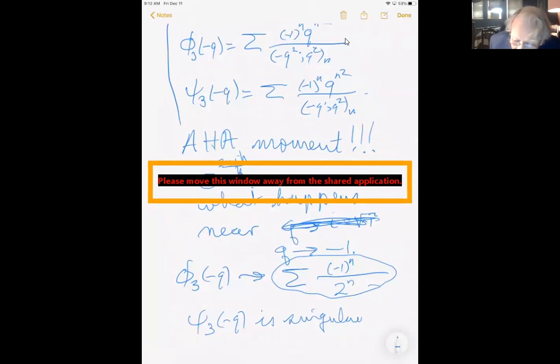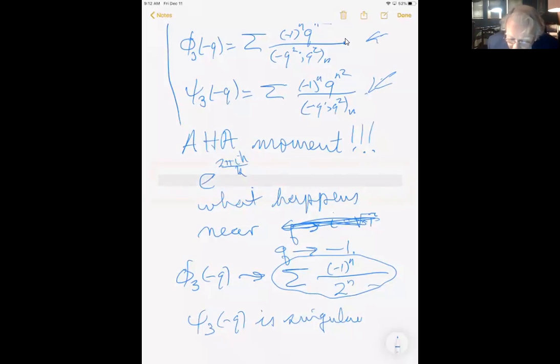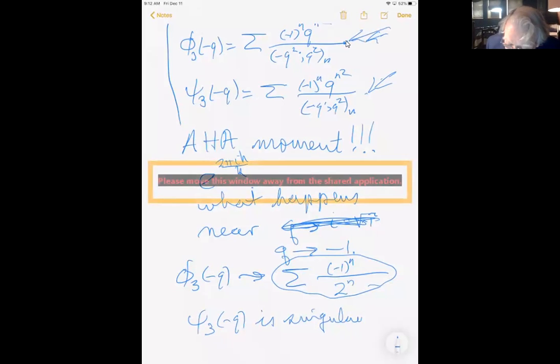Well, in effect, if you have what are called the even roots of unity, then this will stay finite, and this will blow up. If you have what are called the odd roots of unity, then this will blow up and that stays finite.